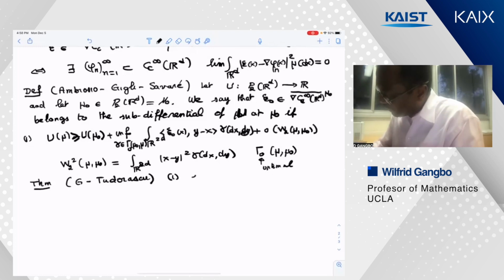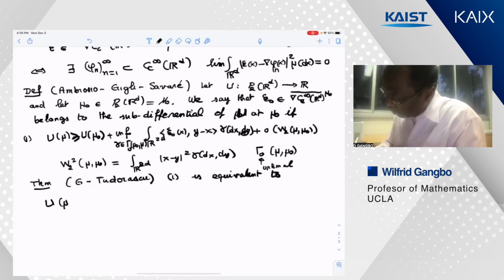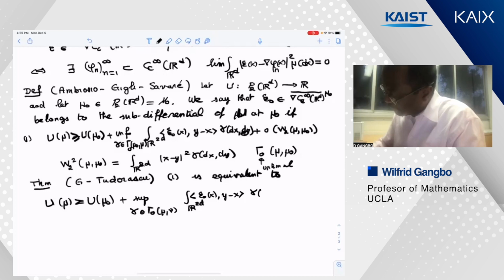One is equivalent to U of mu is greater than U of mu naught plus the supremum over gamma, having mu naught and mu as marginals, of the integral over R2d of psi naught of x, y minus x, gamma dx dy, plus little o of W2 of mu naught, mu.